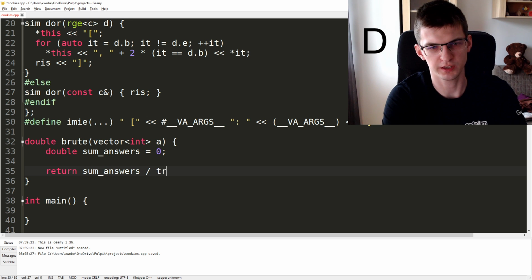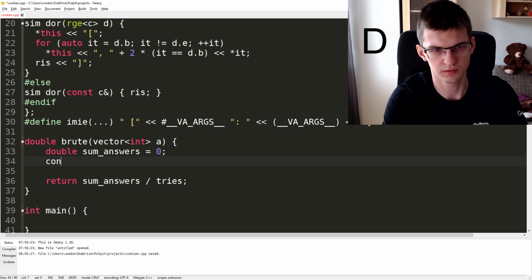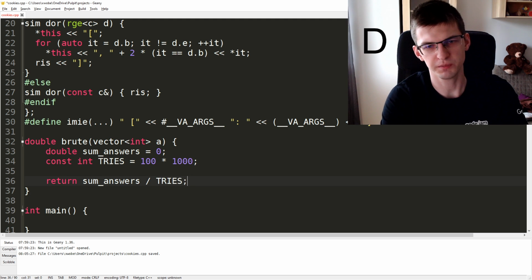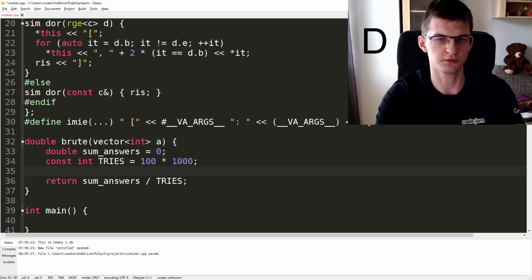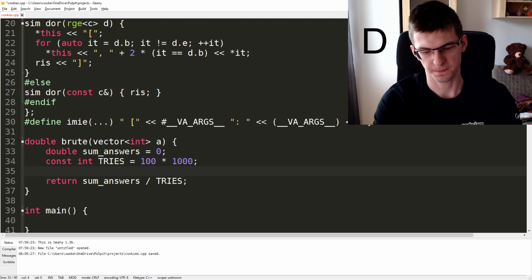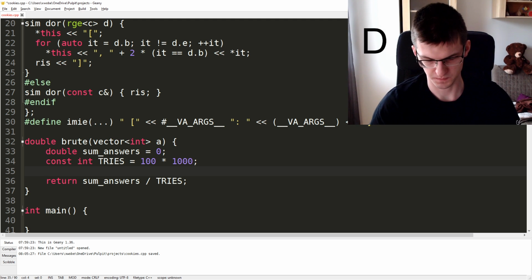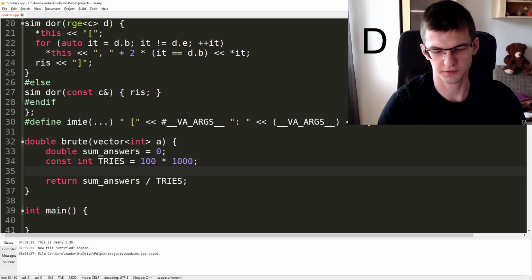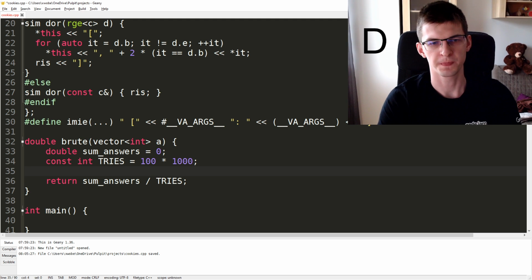Divided sum of answers by the number of tries. Let's say 100,000 times I try to simulate the process. If somebody is new to the stream now, you can go to the description for a link to a contest, and this is problem D from Codeforces. I have too many things on my desk. Tries. Repeat not many times.